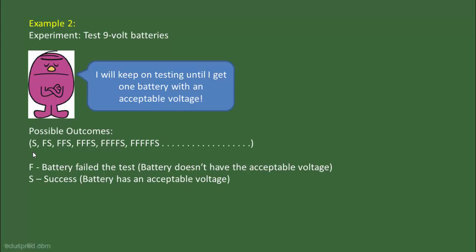So the first outcome here means that the very first battery that you tested passed the test. That is, that battery has an acceptable voltage. The second possible outcome means that the first battery that you tested did not have an acceptable voltage. Consequently, you decided to test one more battery, and the second battery that you tested does have an acceptable voltage. So this is how you can interpret these outcomes.